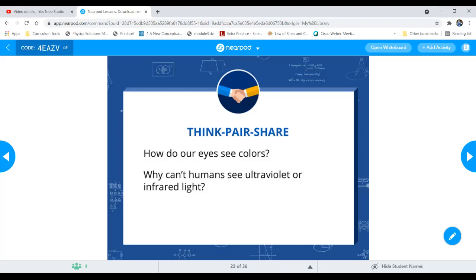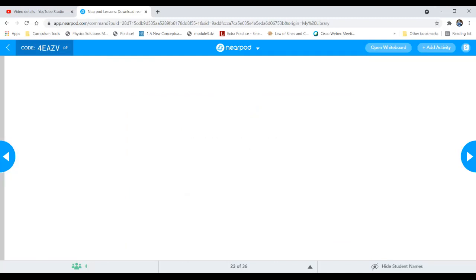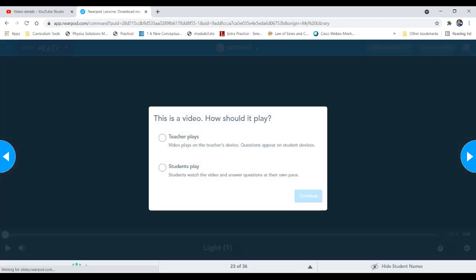But why can't we see ultraviolet or infrared light? Well, the ultraviolet wavelength is so high energy that it doesn't even pass through our retinas. But the infrared light has lower energy and a longer wavelength, and the rods and the cones are not stimulated by it because there's just not quite enough energy to actually get our rods and cones started.